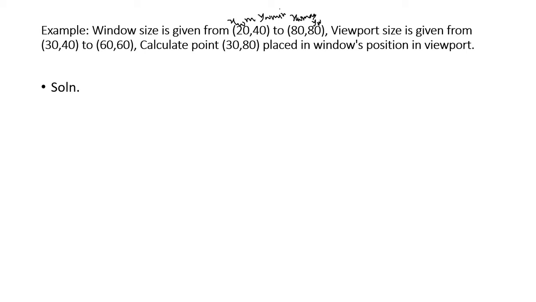So this is actually your xv min, this is xv max, this is yv min, this is yv max. Okay, and this is your xw and yw placed in the window position. Calculate the point 30, 80, which is placed inside the window, and what will be the point whenever it is getting transformed into the viewport.